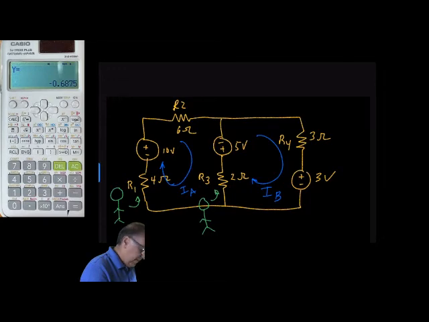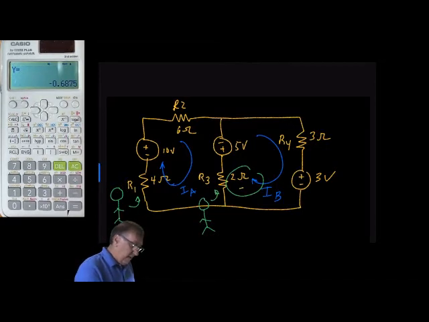Again, we need to subtract the currents here because we have current flowing in opposite directions. IB is flowing up through R3, and IA is flowing down through R3.